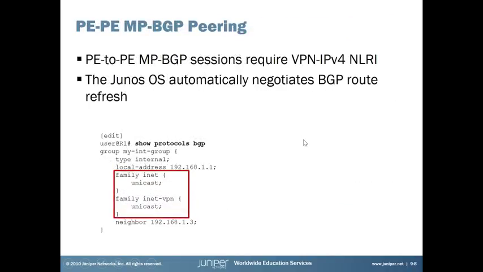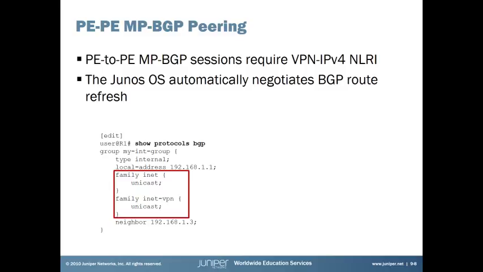So, peering arrangement. We need to add some information to our BGP protocol. What do we need to add? We need to add this family inet-vpn unicast information. If we don't add anything, the default is family inet unicast. That is the default address family used by BGP.